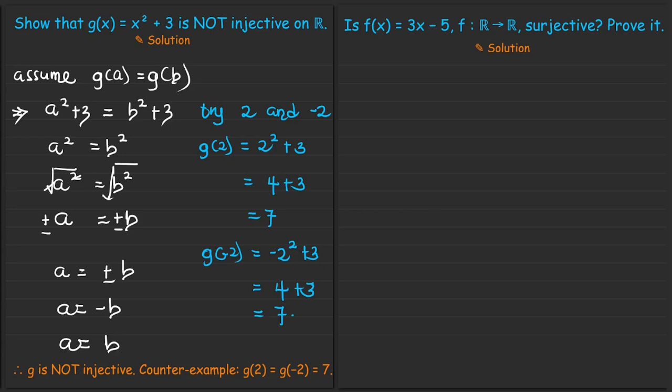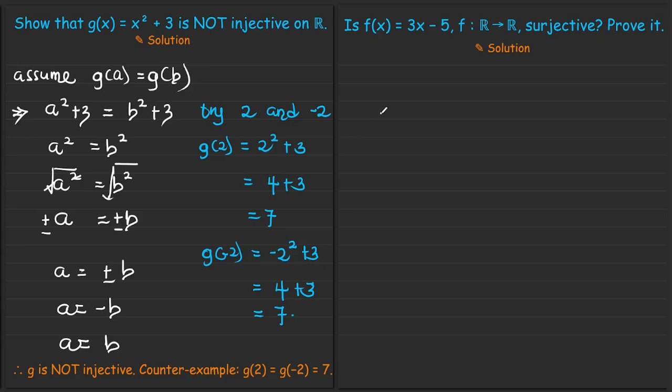Our third question here says, is this function f of x equals 3x minus 5, where f is defined on this domain, R maps to R, surjective? We should prove it. Now we know what it means for it to be surjective. At least our codomain should be equal to our range.